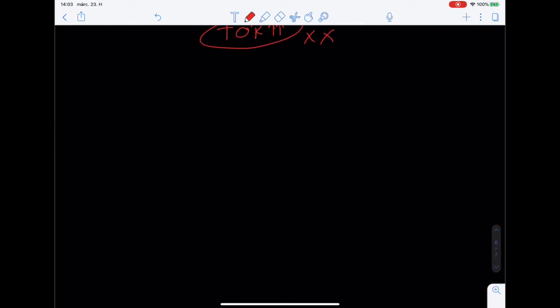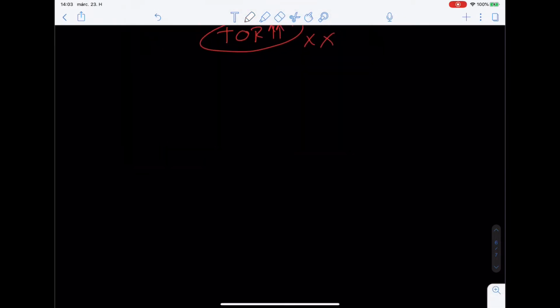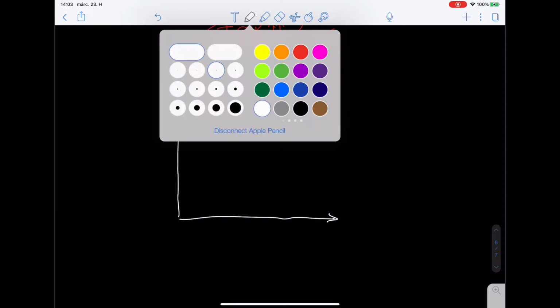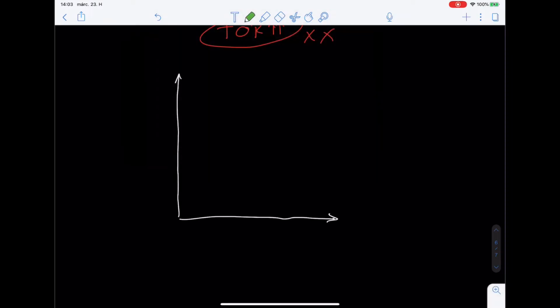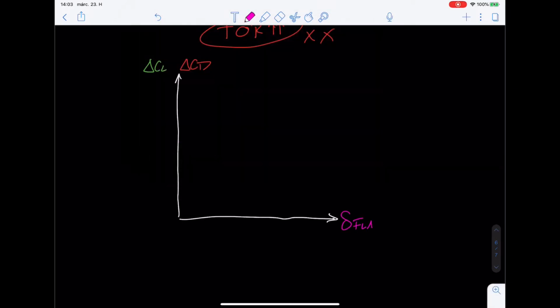Okay, to examine that, first let's look. I'm sure you've already talked about this in Principles of Flight, but let's just draw it up for a second. Let's plot the increment of the lift coefficient and the increment of the drag coefficient as a function of the flap deflection angle.